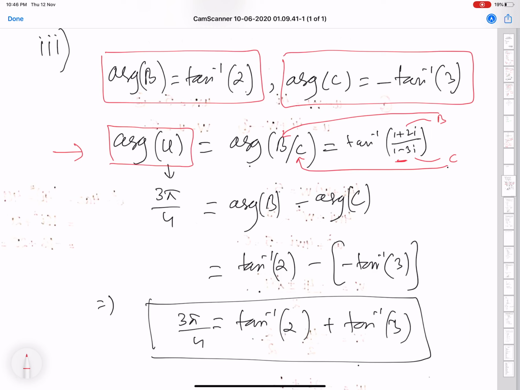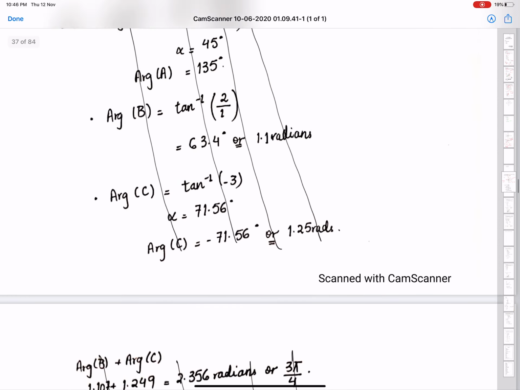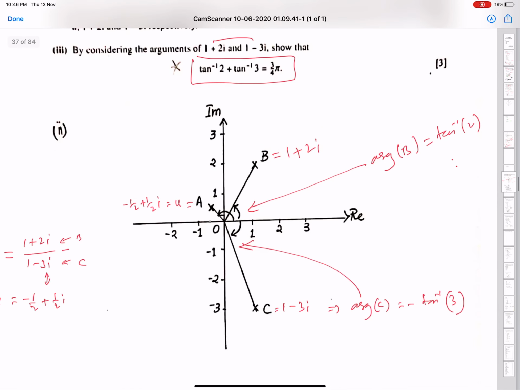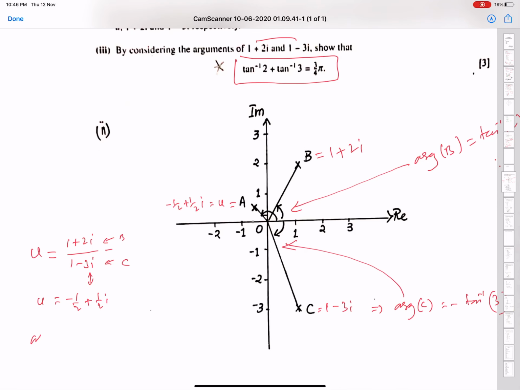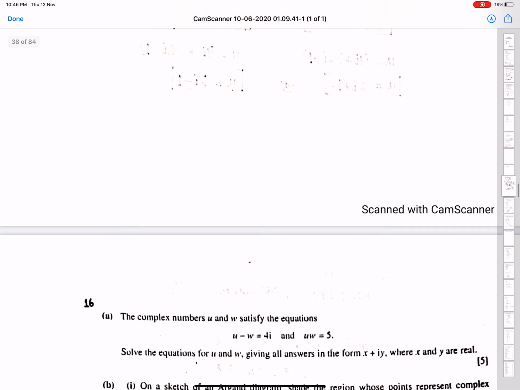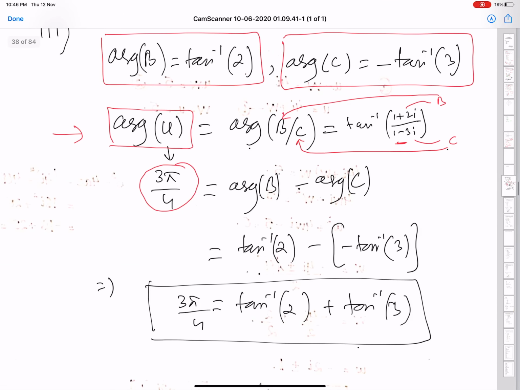Now, argument U is 3 pi by 4. How do I know argument U is 3 pi by 4? See here, this is U. Therefore, its argument must be 3 pi by 4. If you plot this complex number, you will get 3 pi by 4.